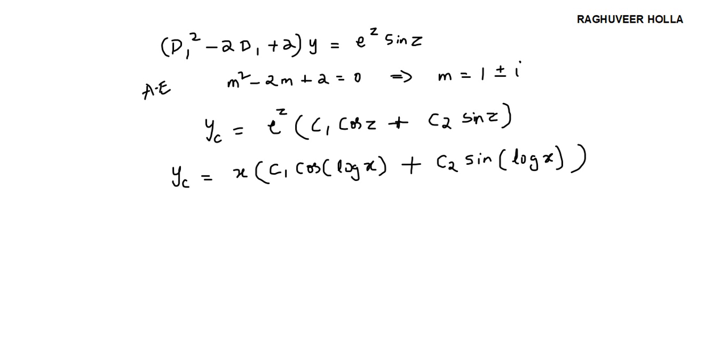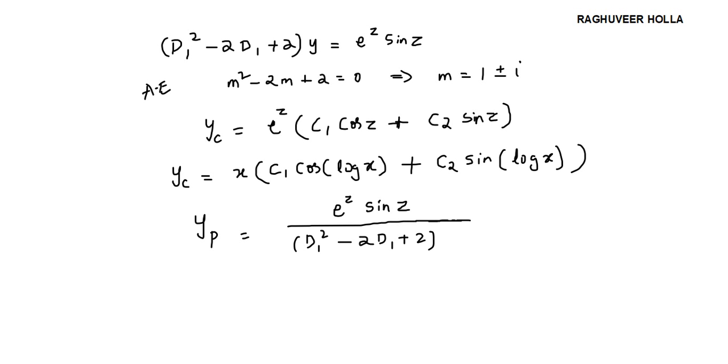Let us find what is yp here. So yp will be e to the power of z, now this is sine z divided by D1 square minus 2D1 plus 2, right?